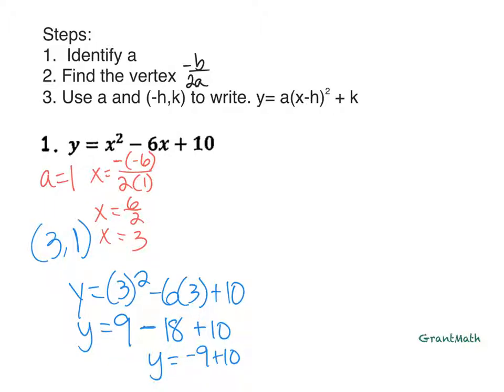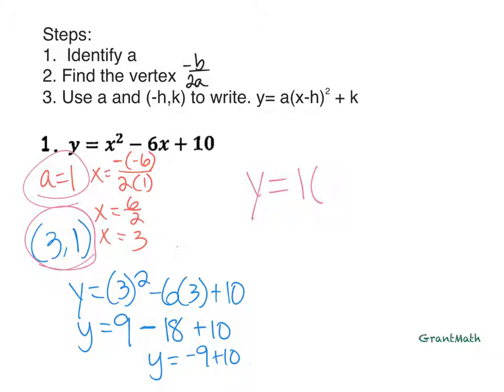So I'm using these two pieces of information here and my a, and with that I'm going to be able to write vertex form. The a will be the same, so let's do it over on the side. y equals a, 1. Now we don't really write 1, we can just leave it blank. But for going slow and explaining, I'll put a 1 there. (x minus h).